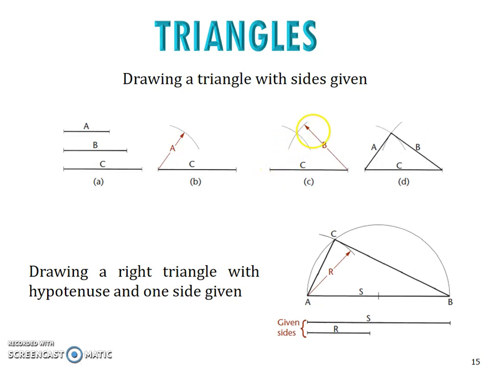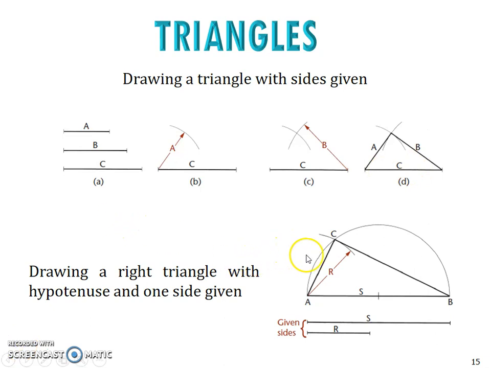Then you just connect the line from one end to the intersection point, and from the other end to this intersection. So you will get a triangle with the given dimensions of A, B, and C.